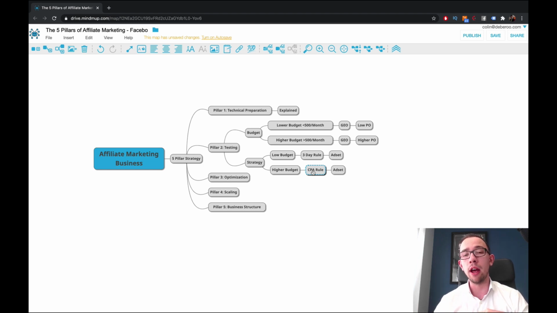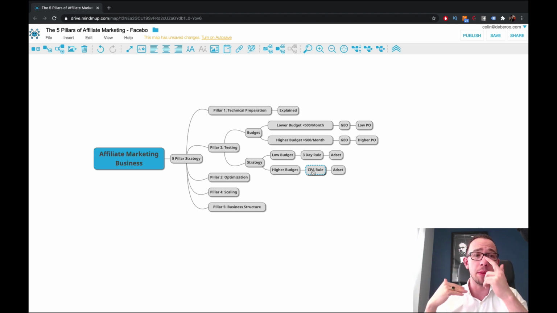So if it's $50 payout, you can do $25, it will take 2 days, or you can do $50 and it will take 1 day, or you can do $100 and it will take 12 hours probably, or less. So this CPA rule will allow you to spend more faster, take more relative risk, but it's fine, because you have sufficient cash flow, right?